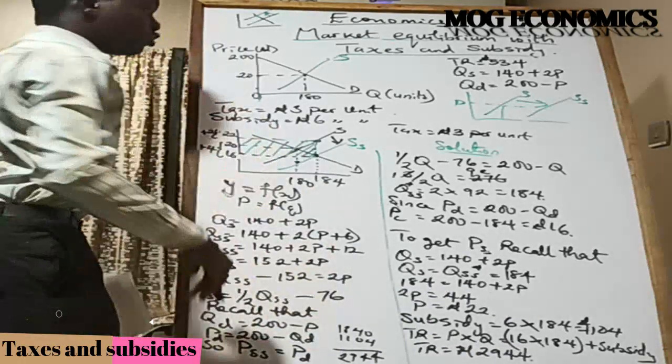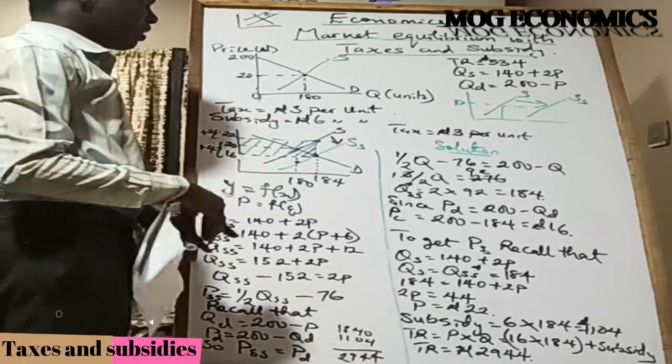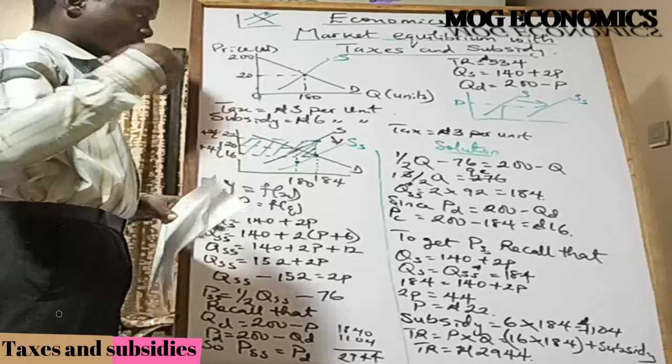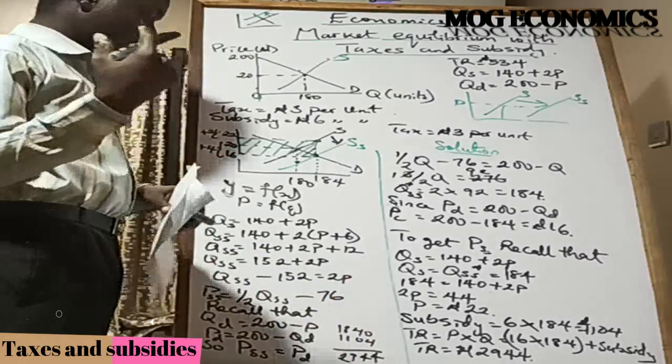What we didn't do was that initially we didn't calculate total revenue before subsidy. So that should be an assignment. Go back, calculate total revenue before subsidy.